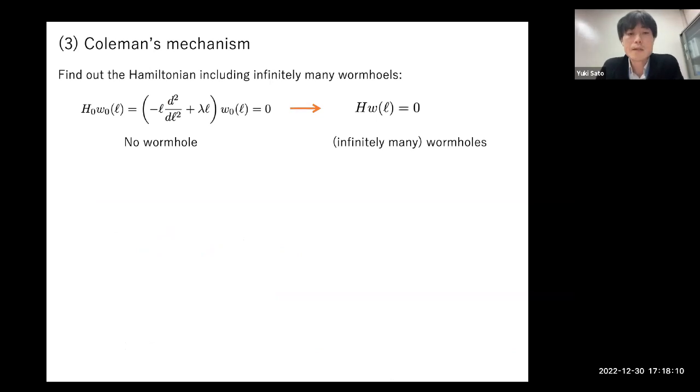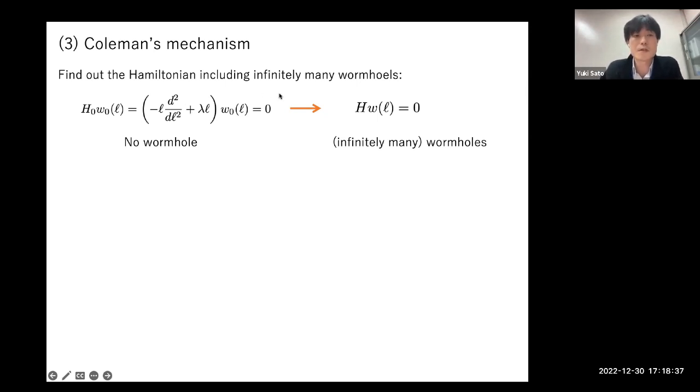Next, what I wish to do is to find the quantum Hamiltonian that includes the contributions from the wormholes. When there is no wormhole, we have this equation. H naught is the original CDT Hamiltonian, and this W naught is the Hartle-Hawking wave function.